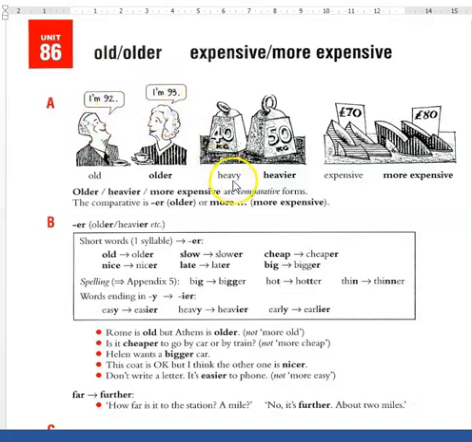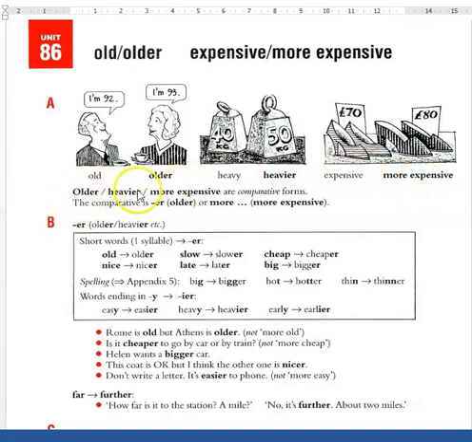Look at the next picture. Heavy, heavier. So 40 kilos is heavy, 50 kilos is heavier. And finally, look at the shoes. We have shoes for £70, shoes for £80. We have expensive and more expensive.